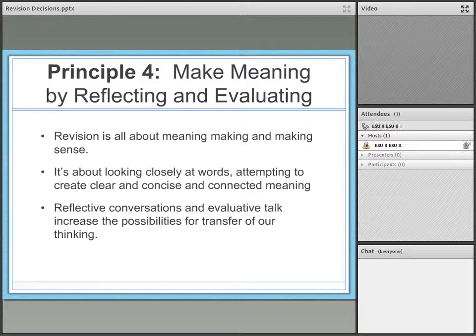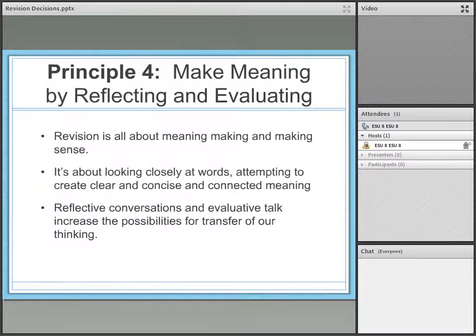It's all about looking closely at words, attempting to create clear and concise and connected meaning. Reflective conversations and evaluative talk increase the possibilities for transfer of our thinking.